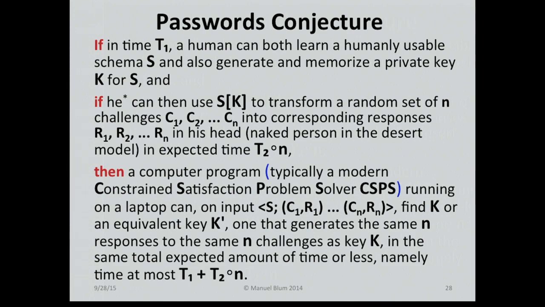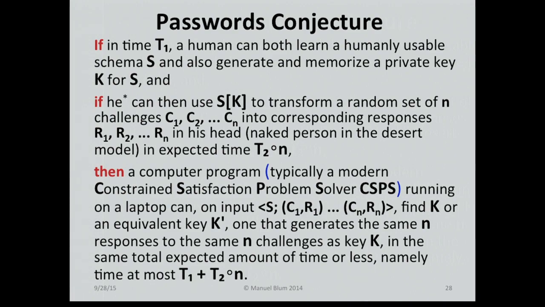If he can then use S of k, I use he because the users are he in my terminology and the adversary is she, so they both come up, to transform a random set of n challenges into corresponding responses in his head in expected time t2 n, so of course the t2 should be relatively small.